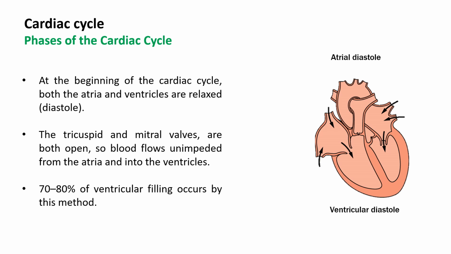Okay, let's start the cycle with both atria and ventricles relaxed, okay? So basically that means atrial diastole and ventricular diastole. This is that period of time when blood flows to fill the ventricles with blood, right? Just by that relaxation, I told you before, about 70 to 80% of the ventricular filling occurs by this method.